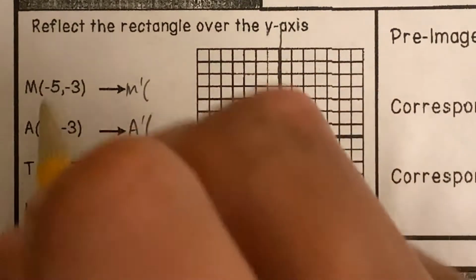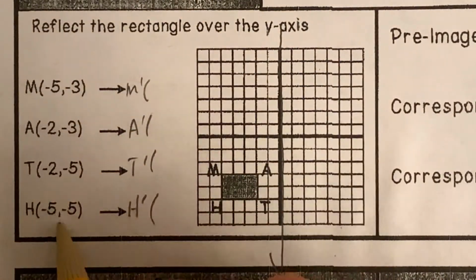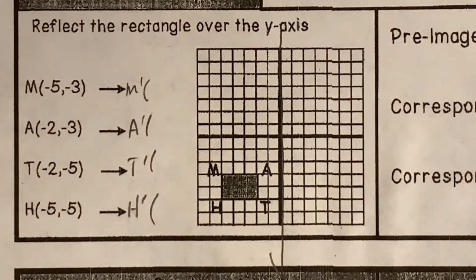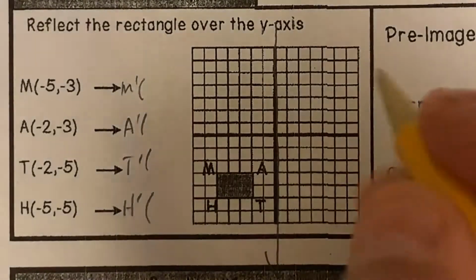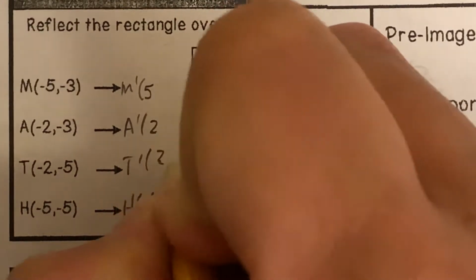Then we're taking the x times -1. The first ones here happen to all be negative, -5, -2. We're going to make them all positive because we're multiplying by -1. So this becomes 5, 2, 2, 5.